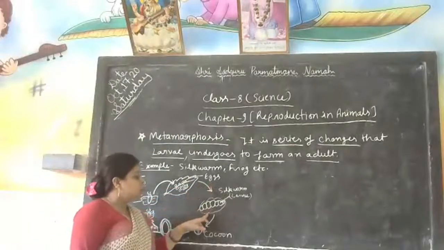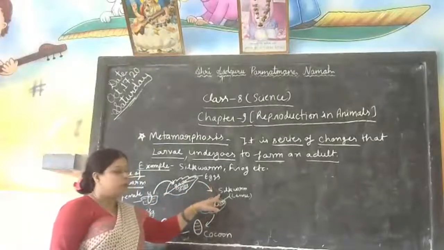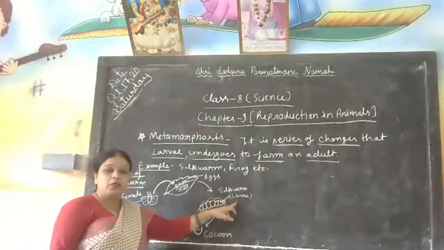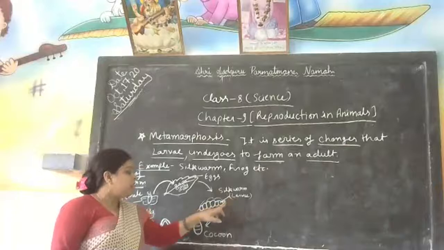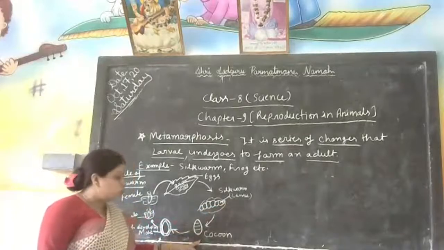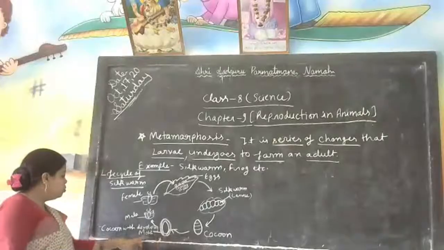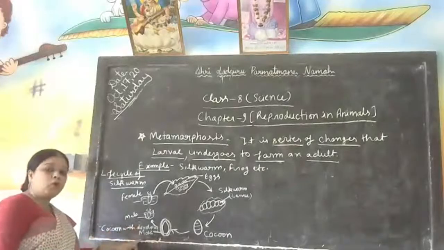These eggs convert into silkworm, and this is also known as larva. This larva converts into cocoon, and this cocoon converts into cocoon with developing moth.